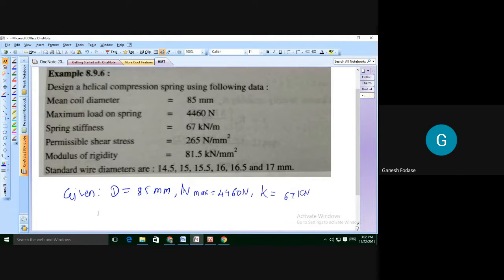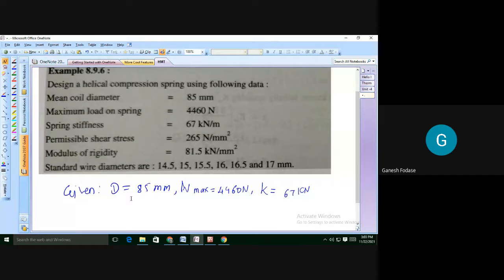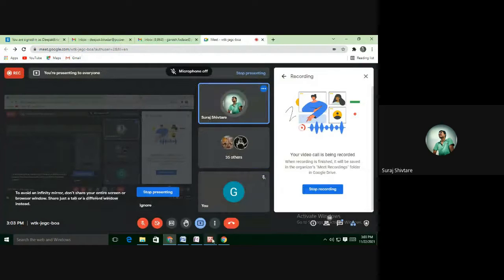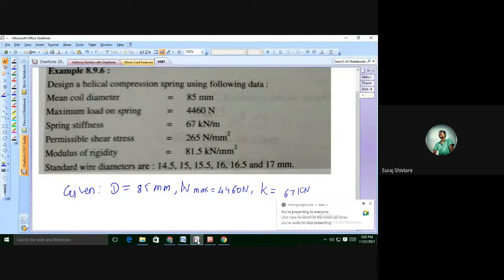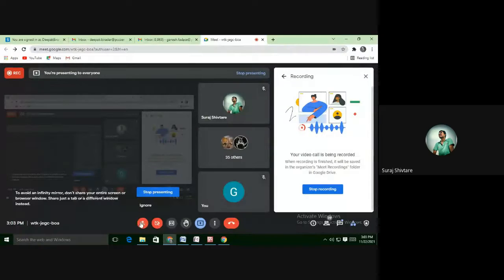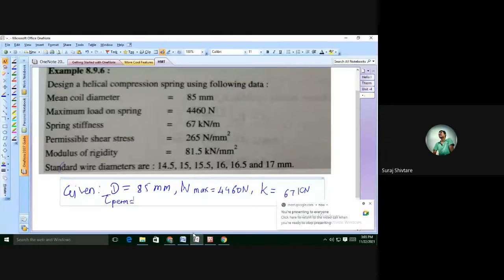The notation is tau permissible, 265 Newton per mm square.